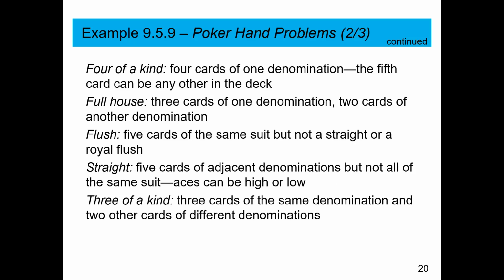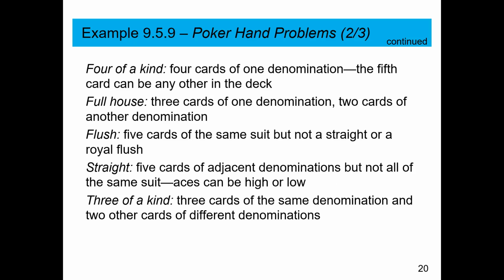So obviously 4 cards of the same value. We don't care what the 5th one is. In other words, 4 3s or 4 10s or 4 jacks, 4 kings. Full house means 3 cards of one value, like 3 kings, and 2 cards of another value, like 2 5s. A flush means all the cards in your hand are of the same suit, but not necessarily in order.